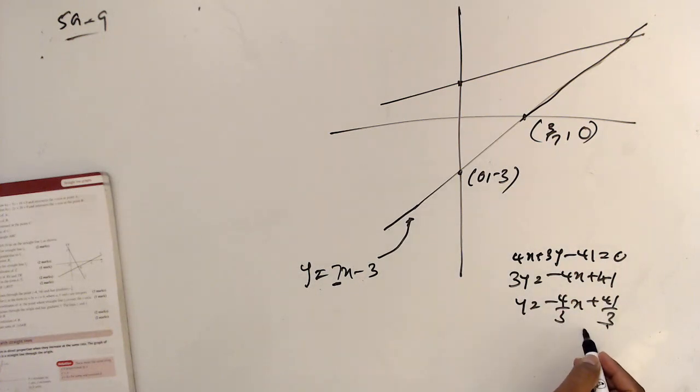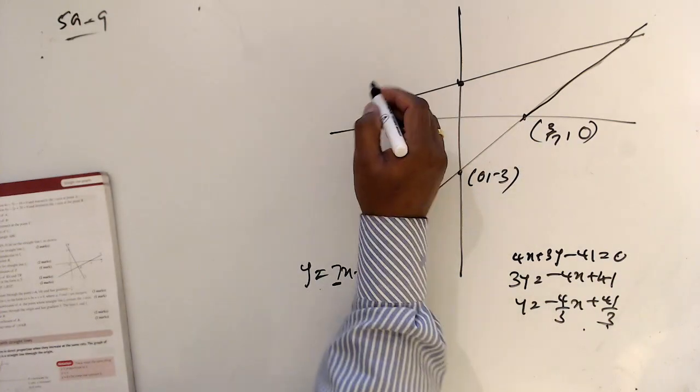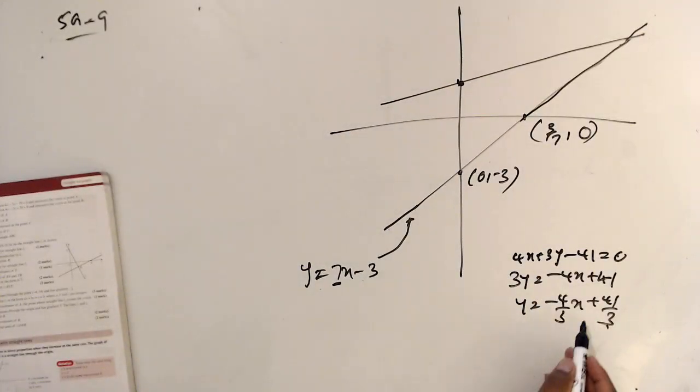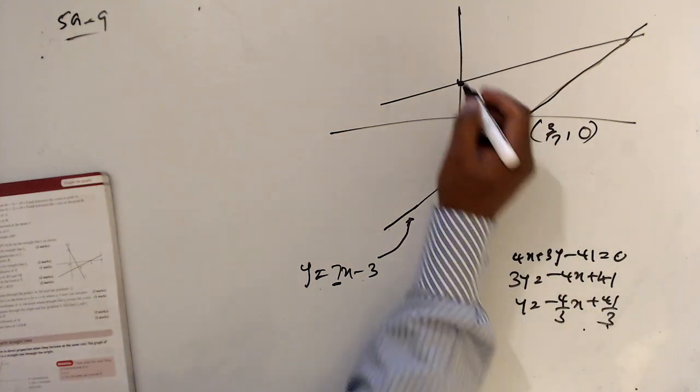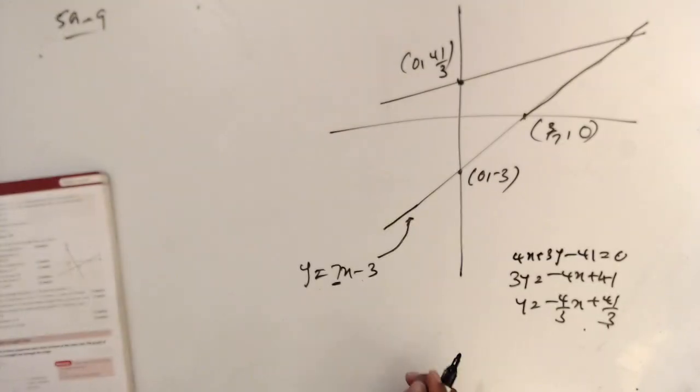Negative gradient, and when x equals 0, y equals 41 over 3.